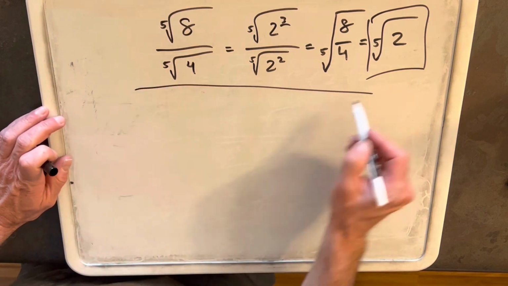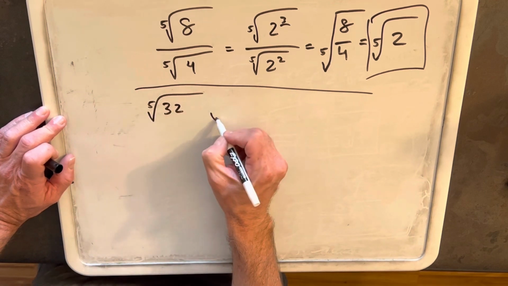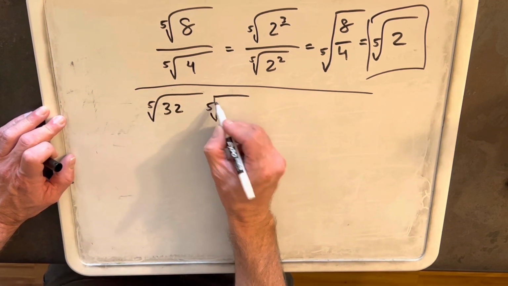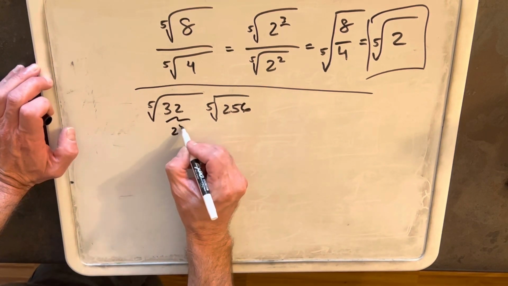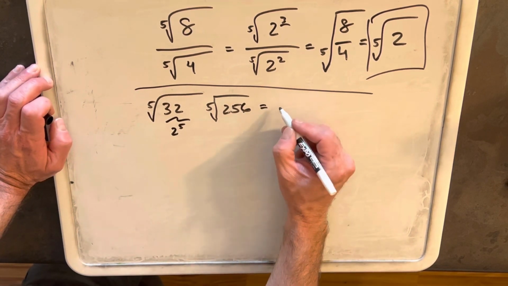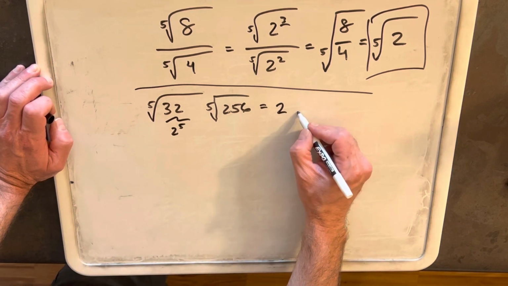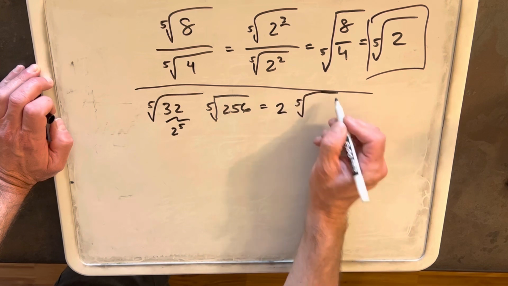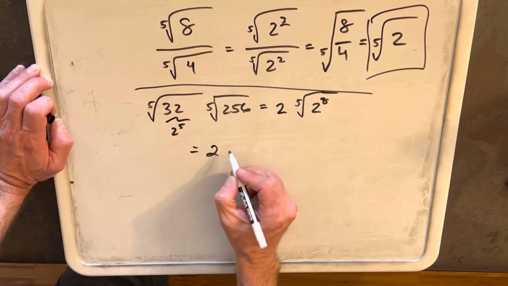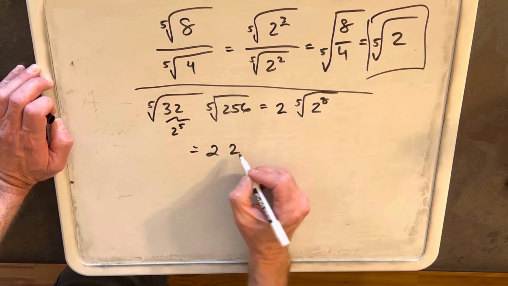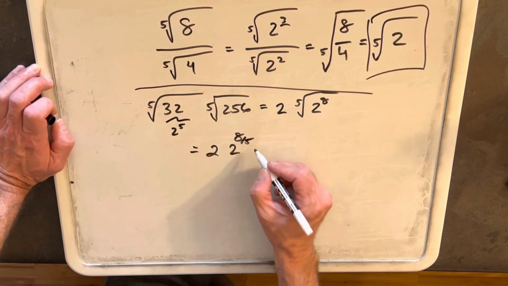So we have the 5th root of 32 times the 5th root of 256. Well, 32 is just 2 to the 5th, so I'm going to take that out of the way real fast, and that's going to reduce to a 2. Now we have the 5th root of 256. 256 is 2 to the 8th. I can write that as an exponent, 8 over 5.